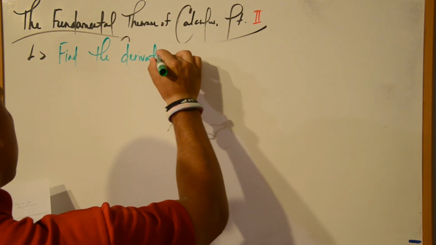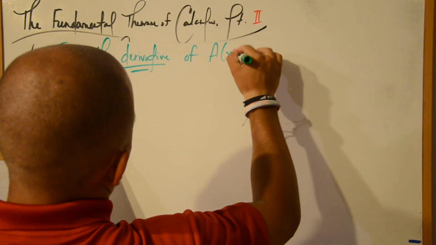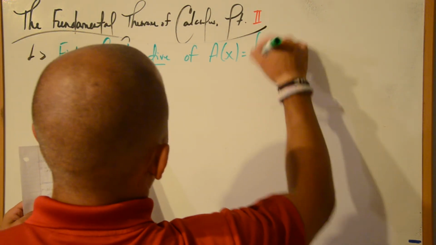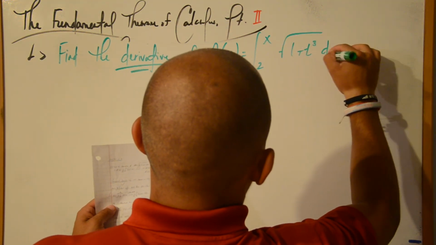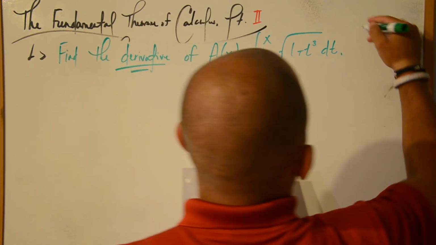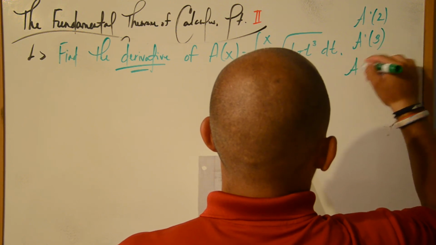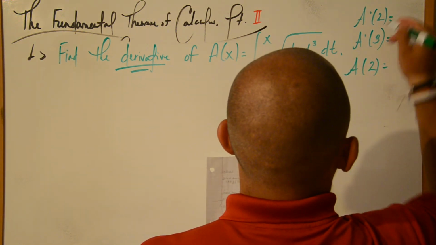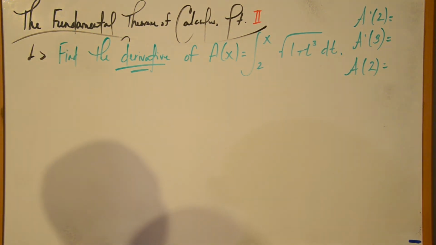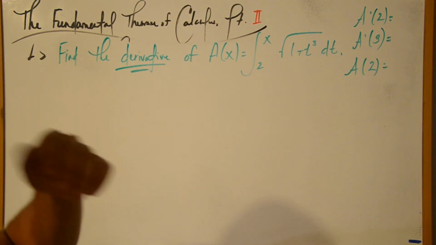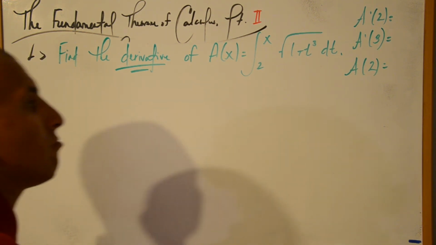Here's a dead giveaway: A of x equals the integral from 2 to x of the square root of 1 plus t cubed dt, and then we want to calculate what A prime of 2 is, what A prime of 3 is, and what A of 2 is. Notice we have an integral being defined as an area function, and we're tasked with finding its derivative. So, are we necessarily integrating? Not really.